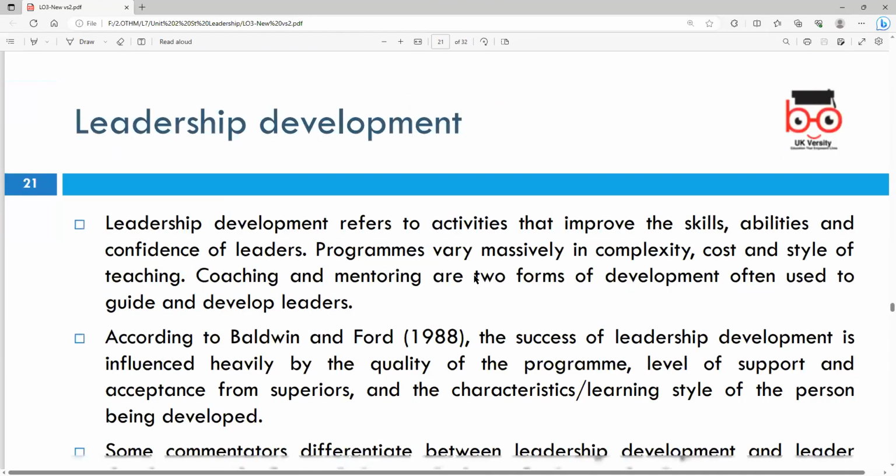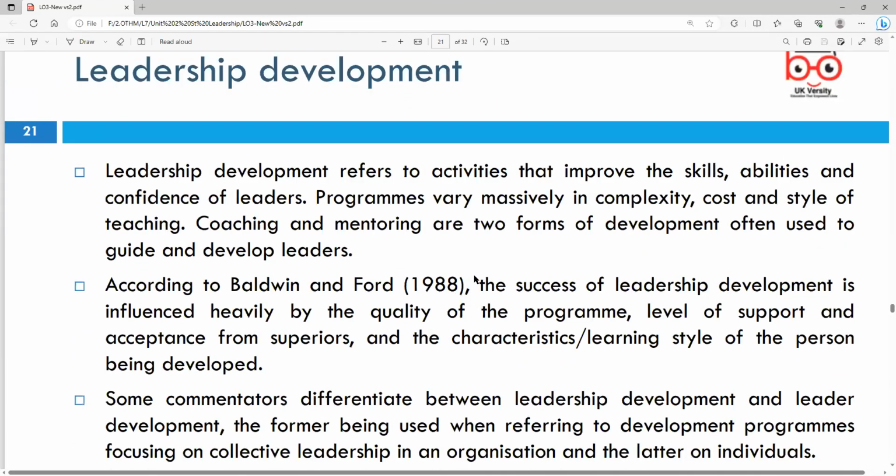Leadership development looks at improving the leaders' skills, abilities and confidence, rather than the individuals. It is in terms of their development, their career, their moving within the organization and developing their ability to become better leaders.